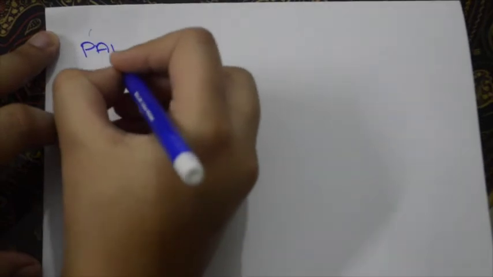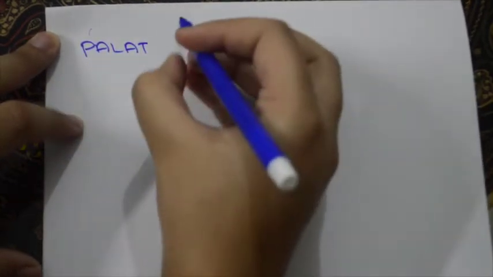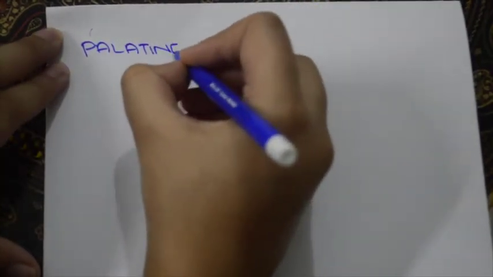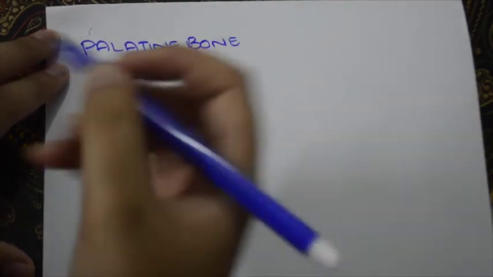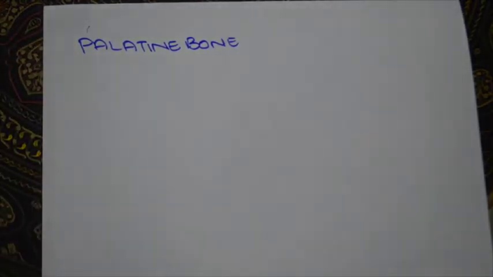Most of us do not have a clear concept of the bone that we are going to do now. It is the one and only palatine bone. For me, I just knew, for the first chapter, I just knew that it was a bone in the mouth that forms the roof of the oral cavity.